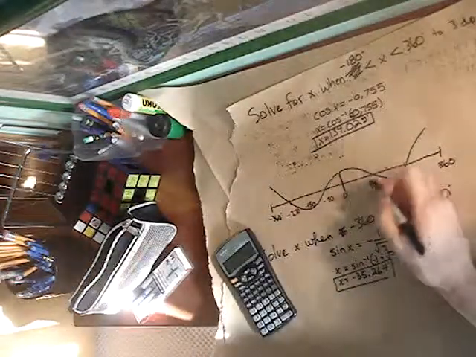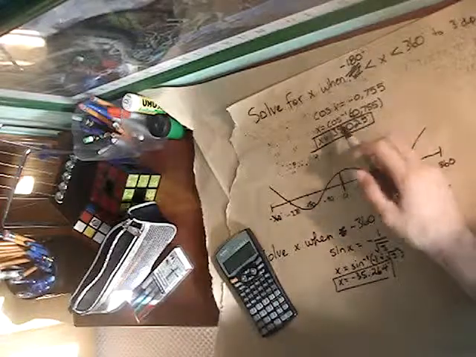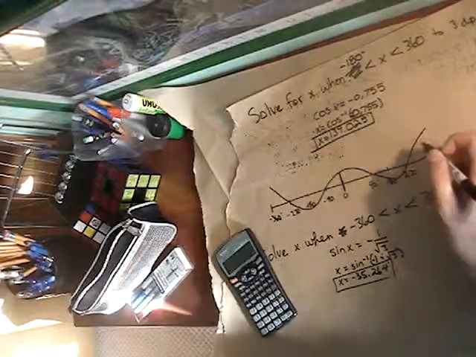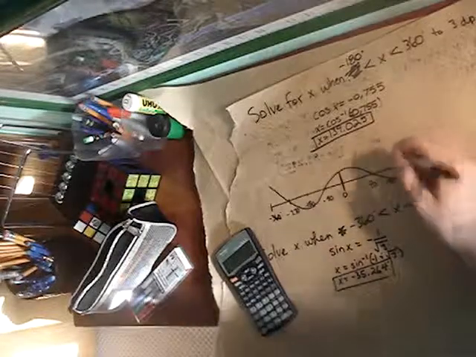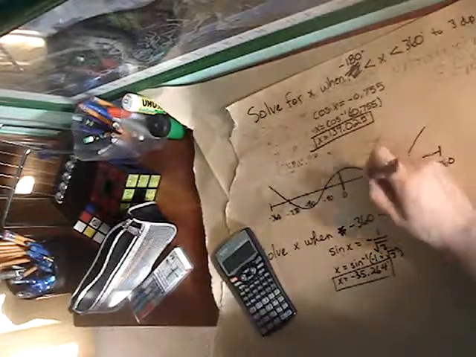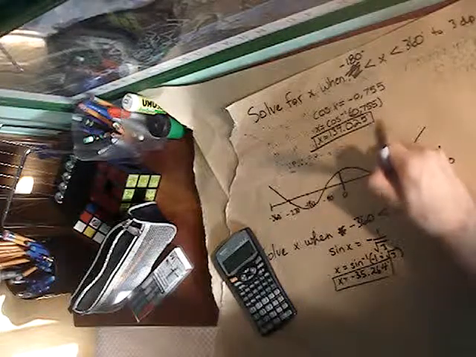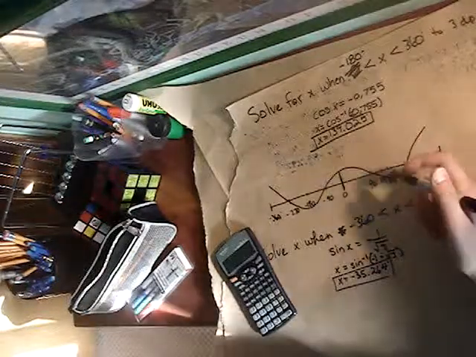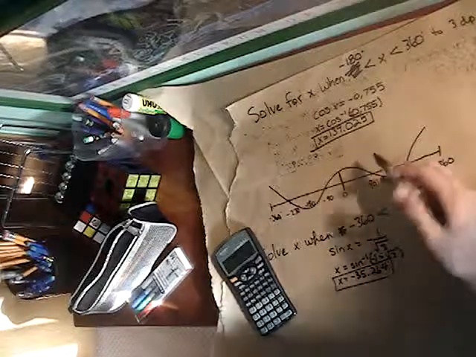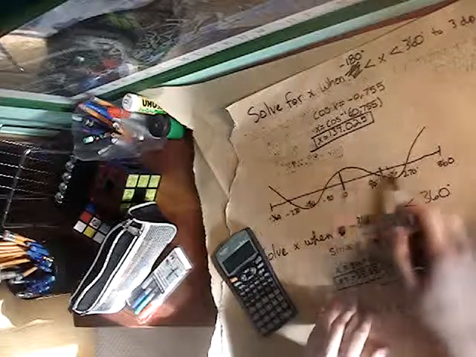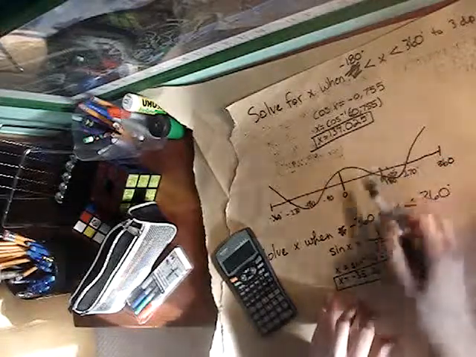Alright, so now we need to find positive 139.025. So that is about, we'll just say about here, 139.025. Okay, now you need to look over to here to where it curves down once again.